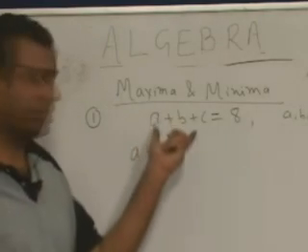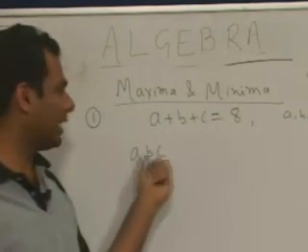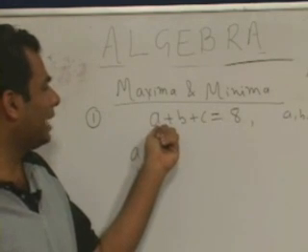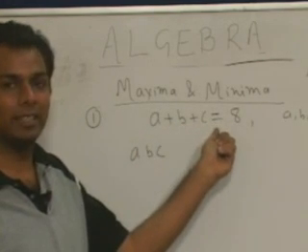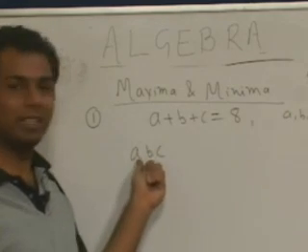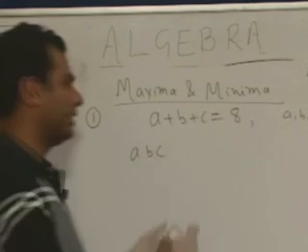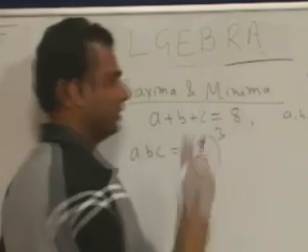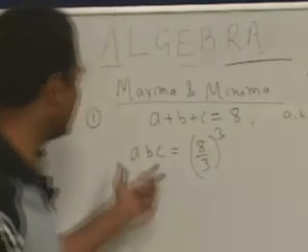Now, if the sum of the three numbers is 8, then their product is maximum when all the three numbers are equal. So each number will become 8 by 3, 8 by 3 and 8 by 3. Simply put, a equal to 8 by 3, b equal to 8 by 3, c equal to 8 by 3. So the maximum product comes out to be 8 by 3 whole raised to power 3. So this is the maximum value of abc.